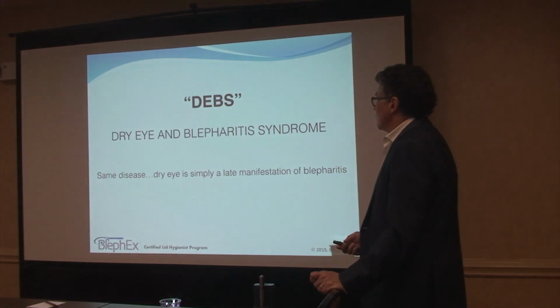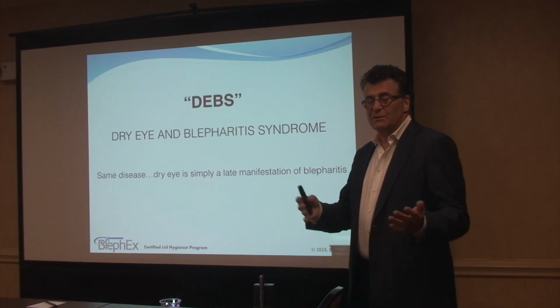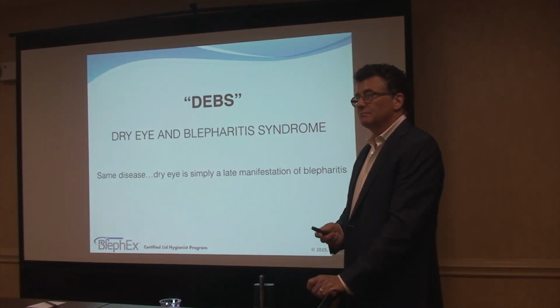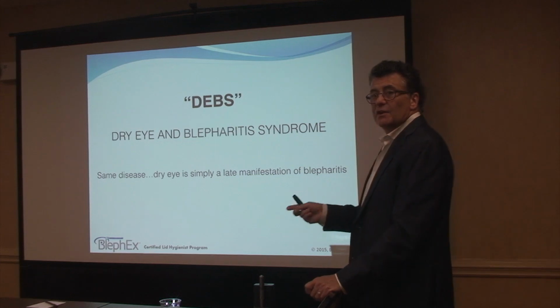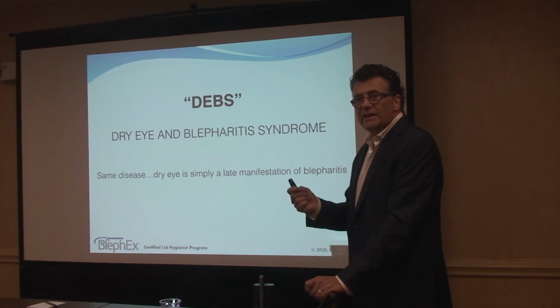Dry eye Blepharitis syndrome. Now the dry eye part, if we want to talk about aqueous insufficiency as actually being dry, well that's end-stage Blepharitis. And I'll go through the steps here and point all this out to you. That makes it so easy to understand. It's so very clear. Nothing we're going to go through today is complicated. It's all easy stuff.